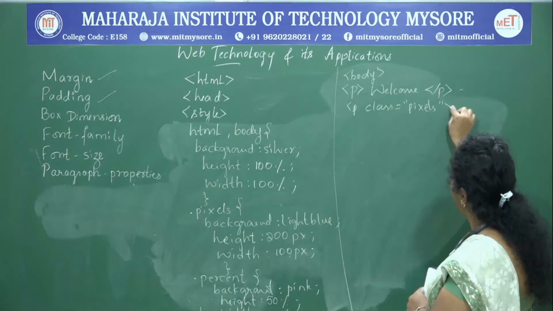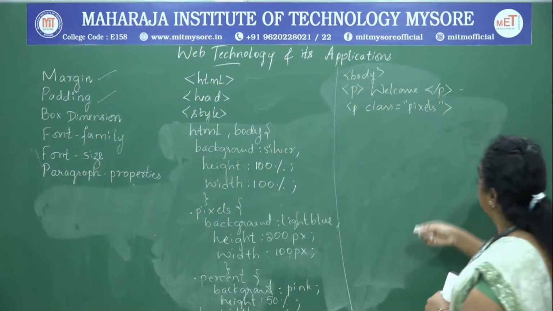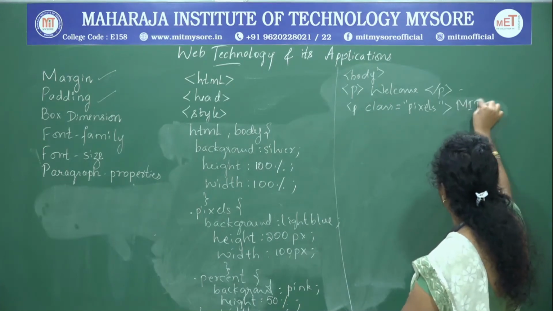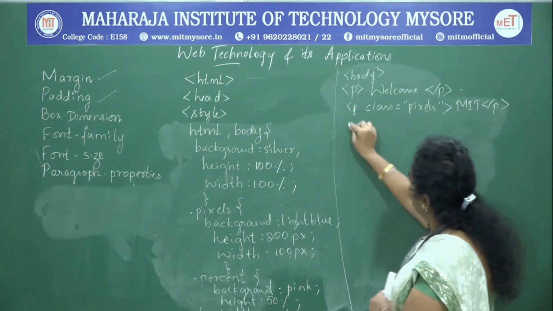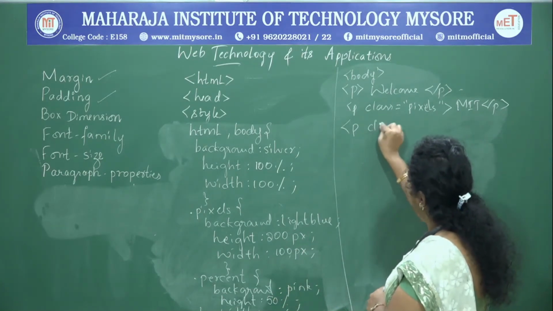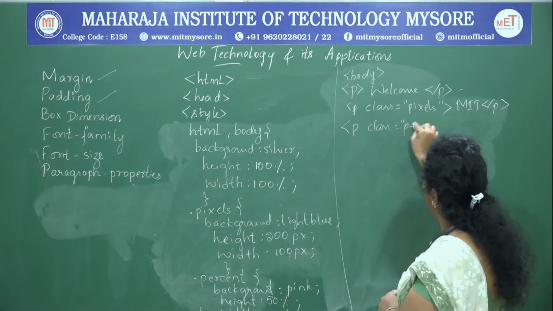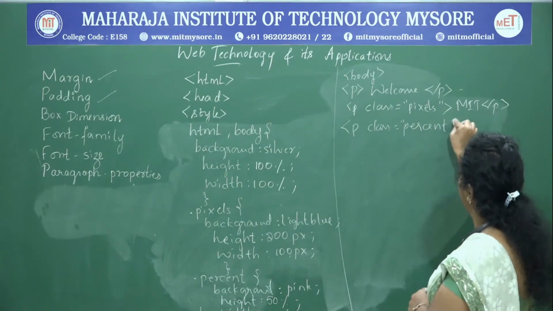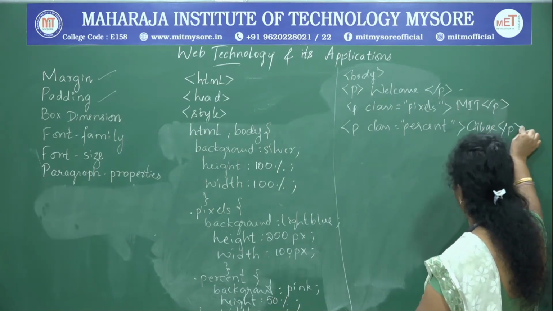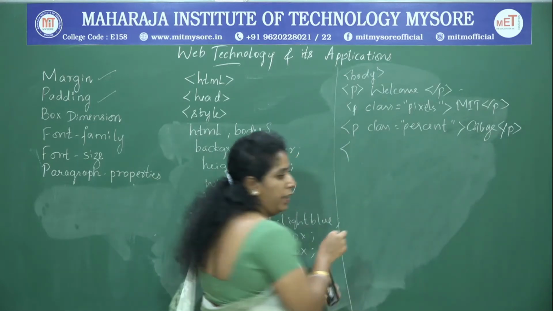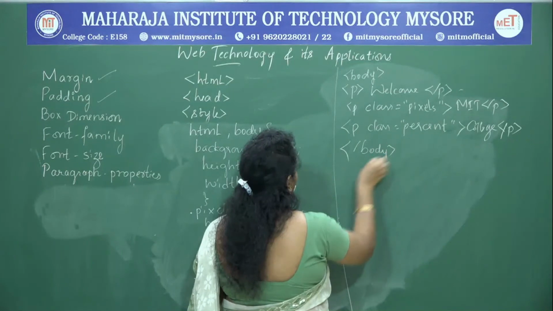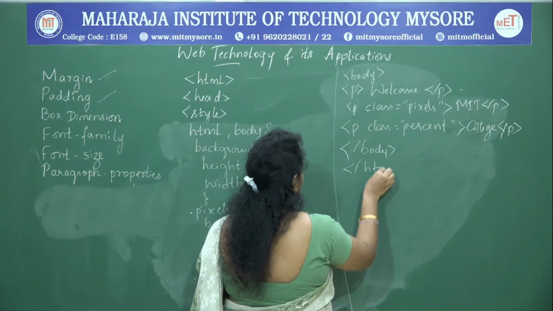Then I am taking a text paragraph, I am giving MIT. One more paragraph for the percentage class, class equals percent. That is college. So now finally close the body, also close the HTML.